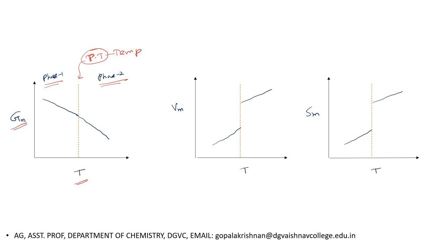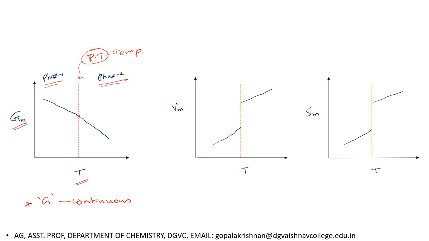Now listen, here the Gibbs free energy is continuous. There is no gap, it is continuous. So in a first order phase transition, Gibbs free energy G should be continuous.